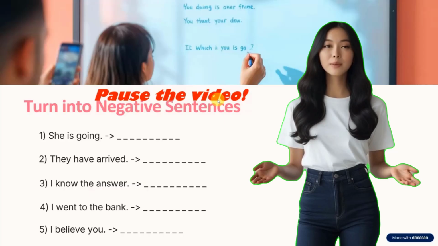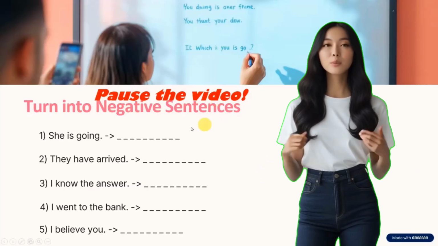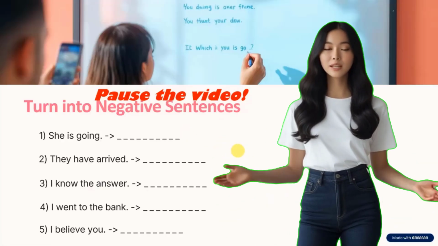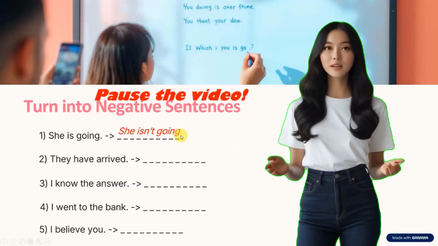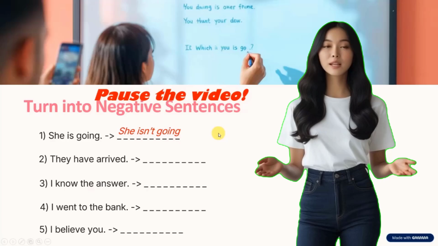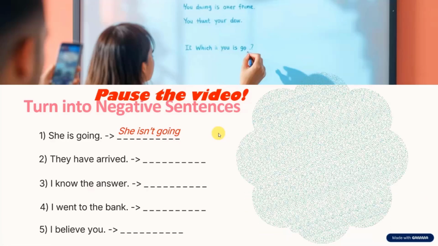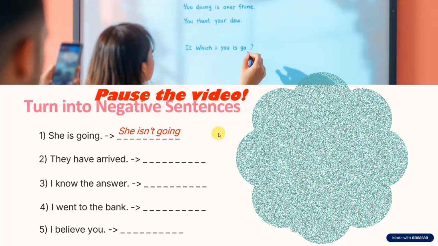Your mom might be angry. Answer in your notebook as good as you possibly can. Like always, the first one I'm going to give to you: she isn't going. Guys, you're on your own now. Please try and do them as good as you possibly can. You must pause the video.